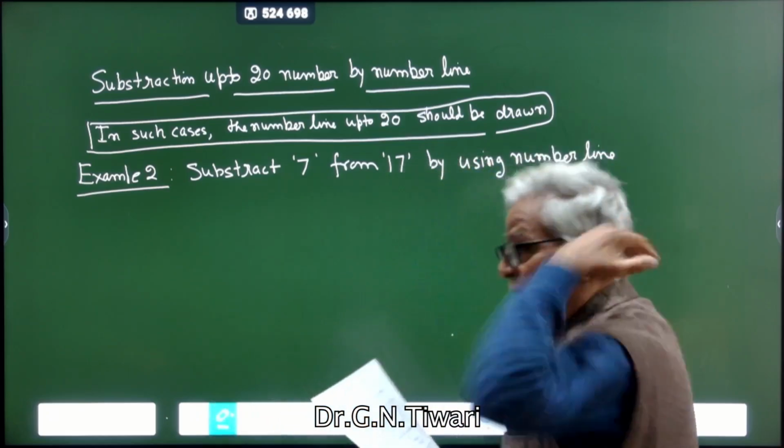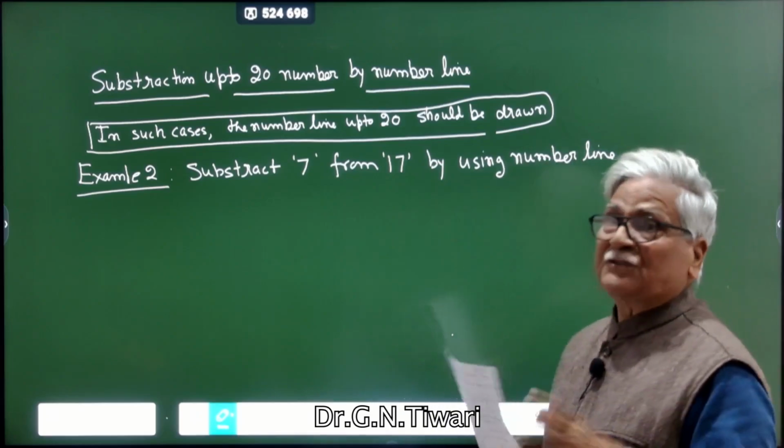Here we know that the number 17 is a 2-digit number.